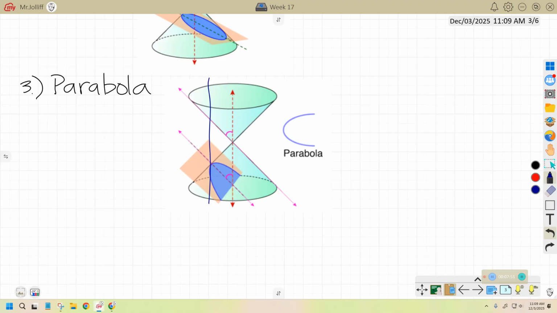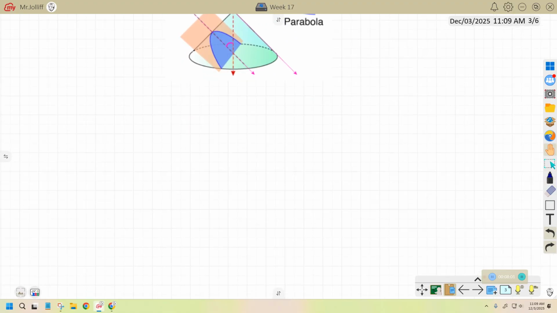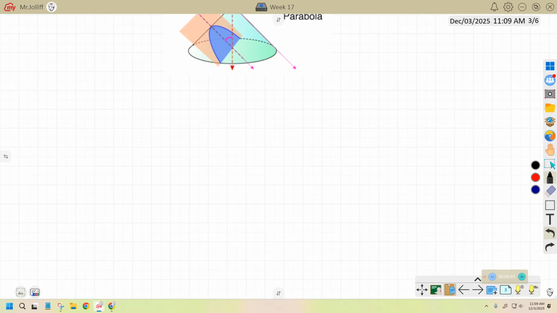Because I'm going to get a curve down here, I'm going to get a curve up here. Yeah, so the next shape that we get has 2 pieces, 2 opposite facing U's, and it's called a hyperbola.